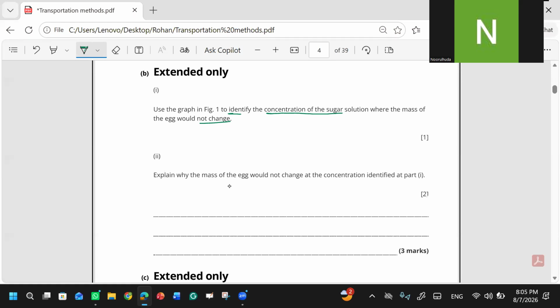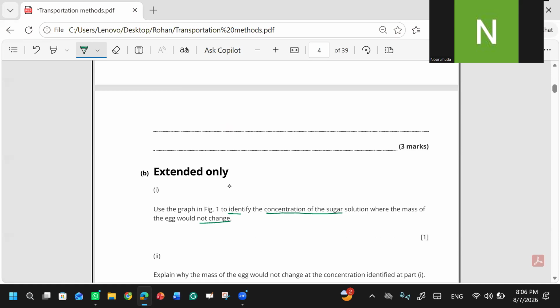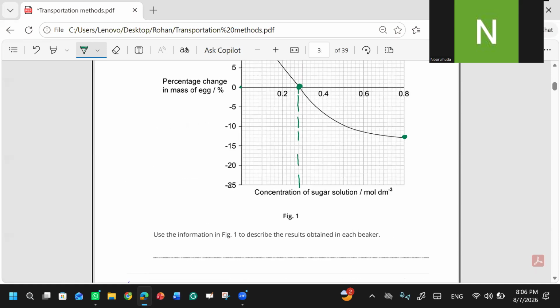Is it because the water potential is equal, like it has the equal from outside and the inside? That's why it won't change, because there's no movement of water. Yes, exactly. You remember we have done these terminologies: hypertonic, hypotonic, and isotonic solutions.